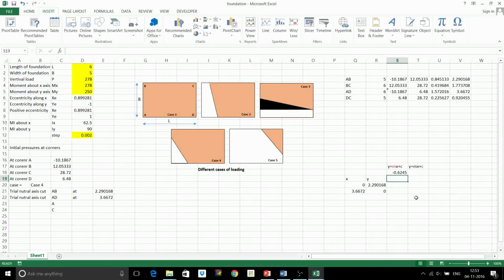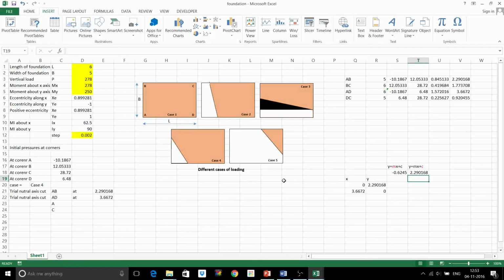This is the slope of the line, and I will put this value in this equation to get c. So y minus m into x will give this.